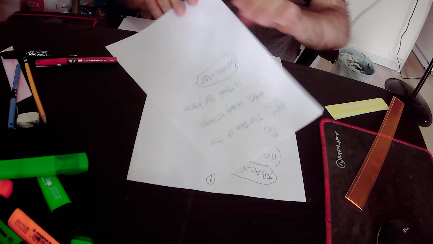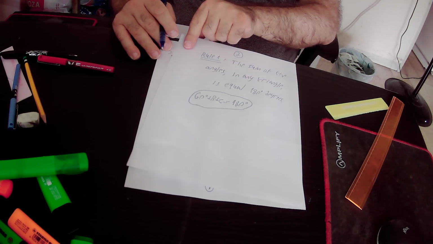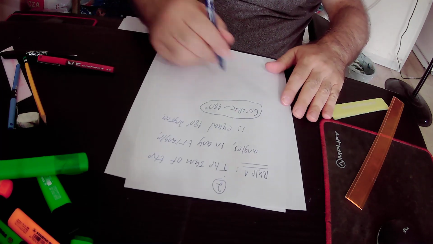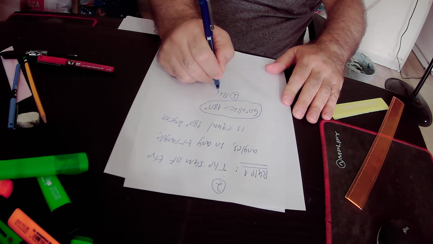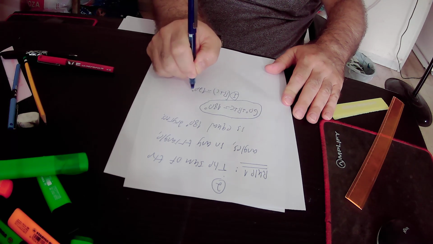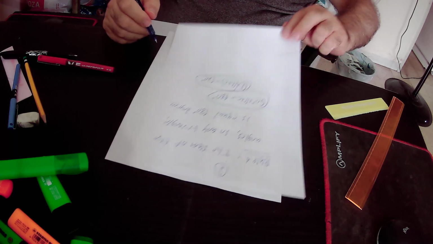Here we will subtract 60 degrees from this equality, and we will get that B plus C equals 120 degrees.